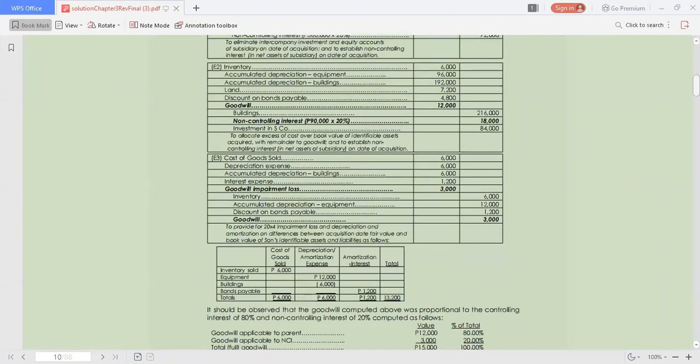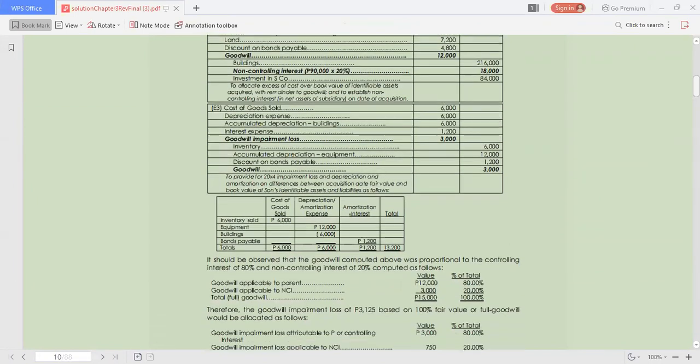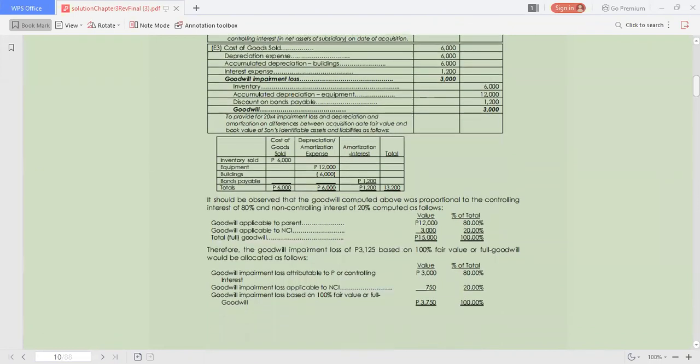Okay, so we have now E3, E4 for here. It should be observed that the goodwill computed above was proportional to the controlling interest of 80% and the non-controlling interest of 20%, computed as follows. Now, the goodwill applicable to parent is 80%, the goodwill applicable to the non-controlling interest. So the total goodwill is 15,000 for 100% interest.